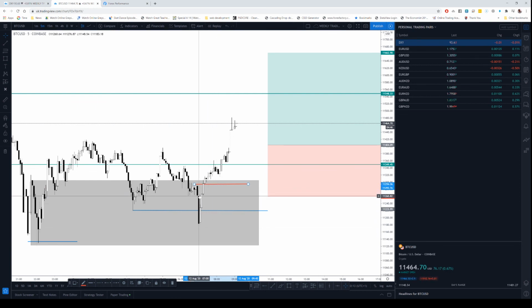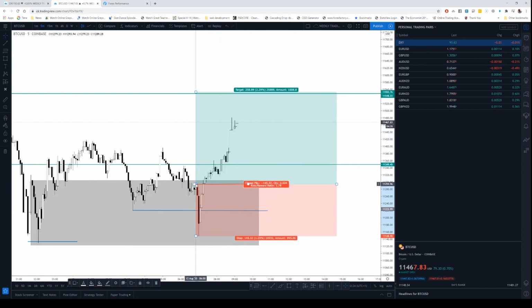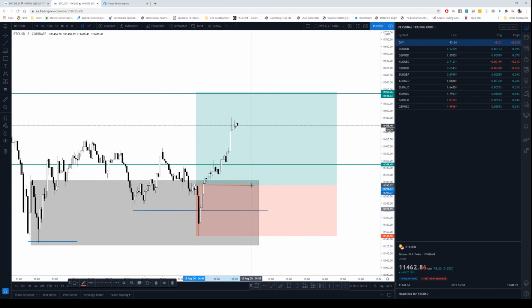If we don't get that and we break above it, that's bullish. But if we break above it, are we going to go into a retracement? That's what I'll look for. Okay, that's what I'll look for. So if we break above it, I'll look for a retracement, and if it doesn't retrace, then price is going to continue going up, and that's what happened here.